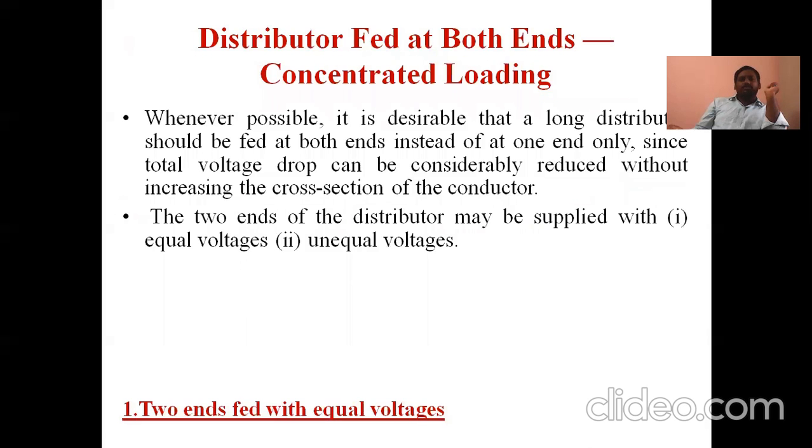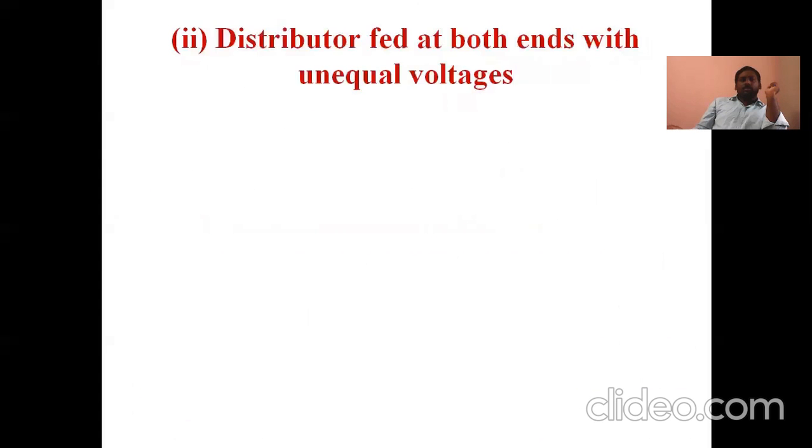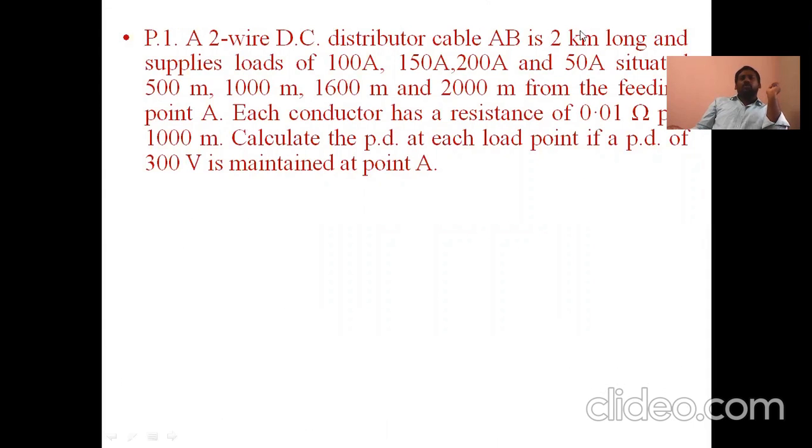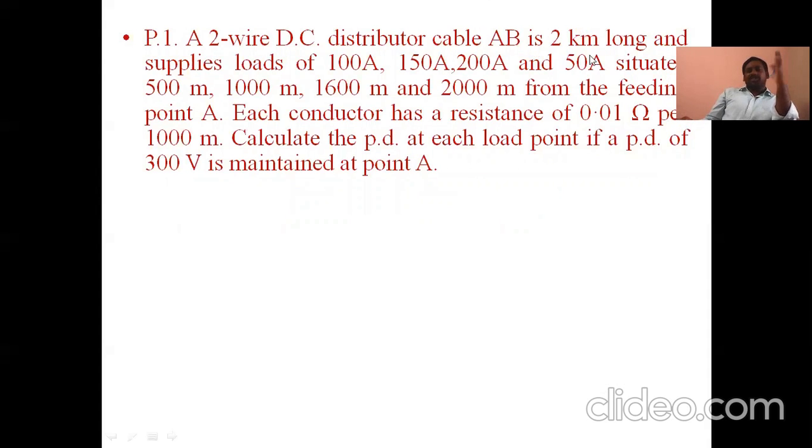A 2-wire distributor cable AB is 2 km long and supplies loads of 100 amperes, 150 amperes, 200 amperes and 50 amperes, situated 500 meters, 1000 meters, 1600 meters and 1200 meters from the feeding end point.